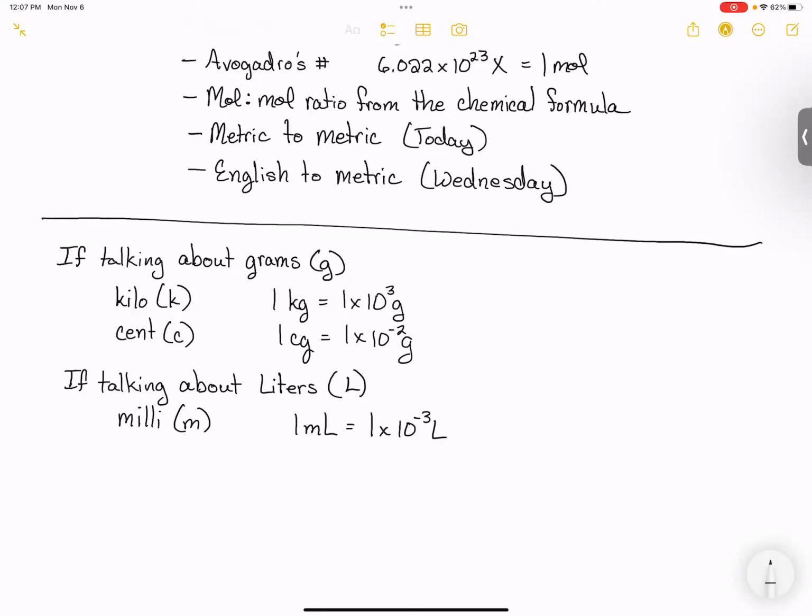Or let's say we're talking about mega, capital M, 1 megaliter is equal to 1 times 10 to the 6 liters.